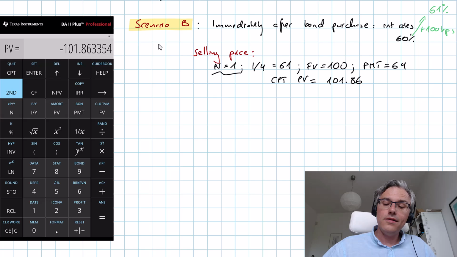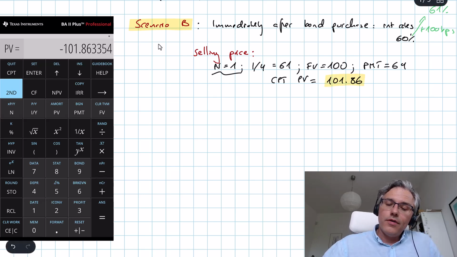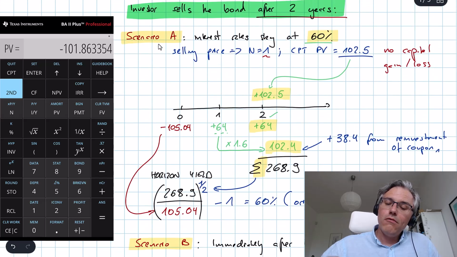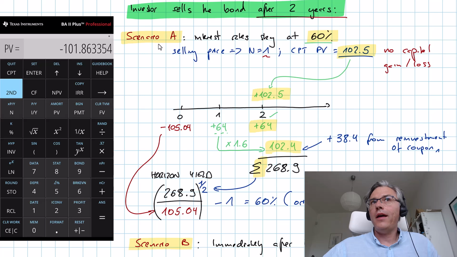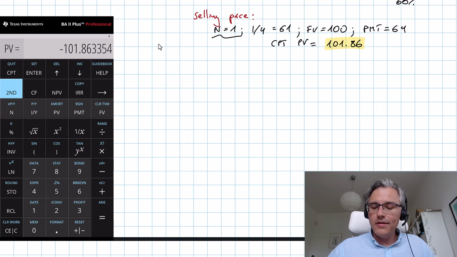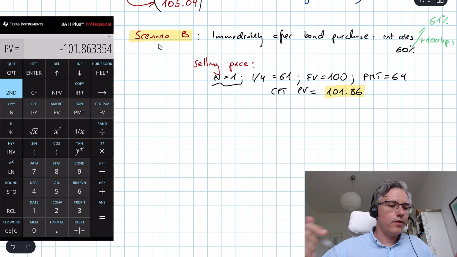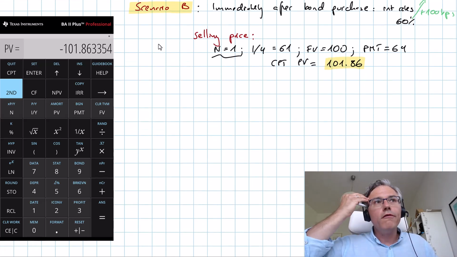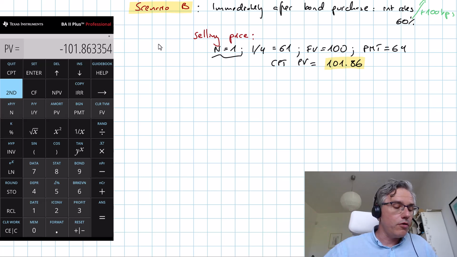Now that is a selling price which is definitely lower than the price I would have had if I sold with yields staying at 60%. That's to be expected. Bond prices and yields move in opposite directions. So yields up, bond price down, relative to what it would be if it were not for that drop.